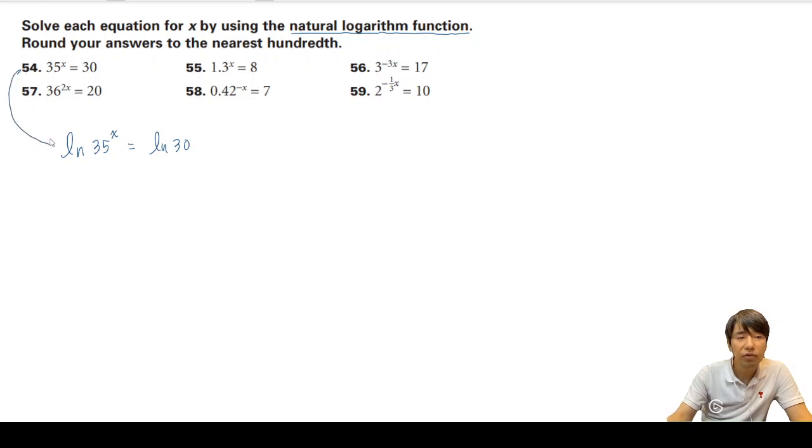I'm doing 54. Now, this x is an exponent of 35, so let me bring it in front of this ln. So it becomes x ln 35, and this is equal to ln 30. Our goal is to find out what x is. So I'll leave x here and divide each side by ln 35. Then you'll end up with ln 30 over ln 35.